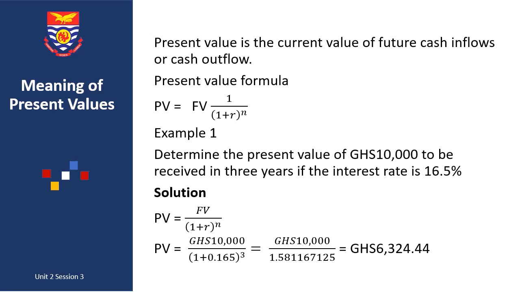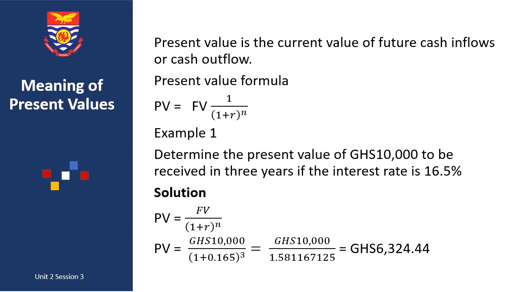Right, so let's try with a simple example. Determine the present value of 10,000 Ghana cedis to be received in 3 years if the interest rate is 16.5%. Looking at the formula, PV is the present value, FV is the future value, 1 over 1 plus r.